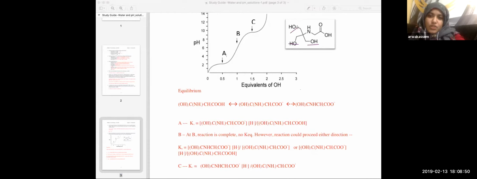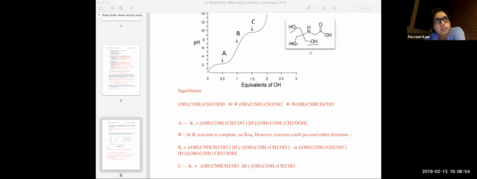Why those two exactly? Because when the reaction starts, it's acidic, right? It's going to attack the acidic group, the carboxyl. And in the intermediate steps, it's going to attack these ones. It's pKb, it's basic.